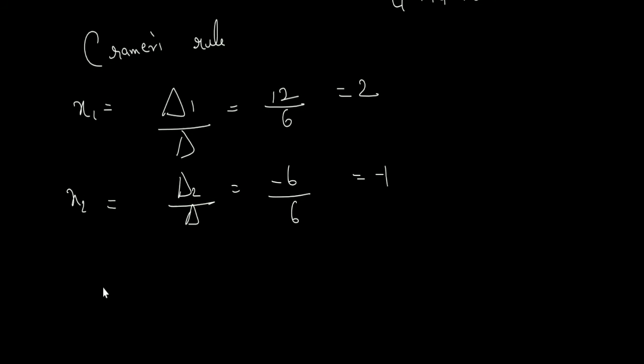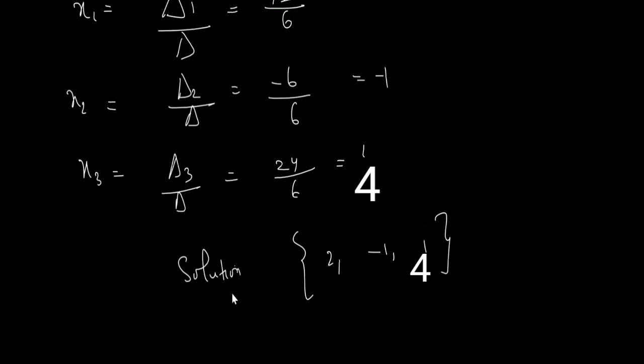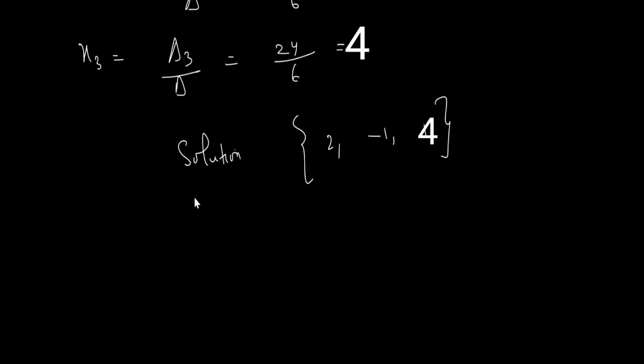And x3 is delta 3 by delta, that is 24 by 6, that is equal to 4. Solution: x1 is 2, x2 is minus 1, and x3 is 4.